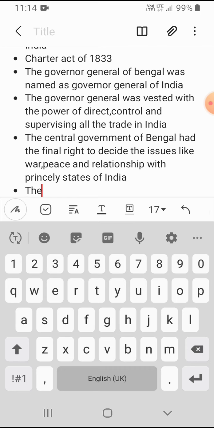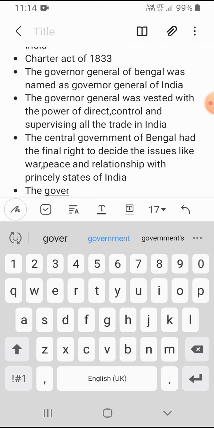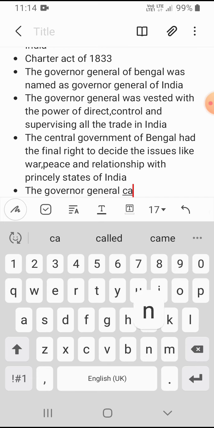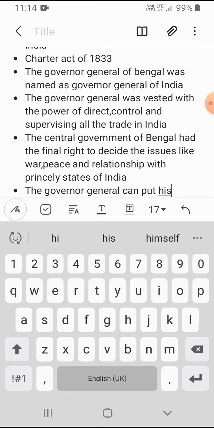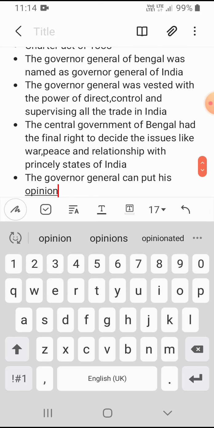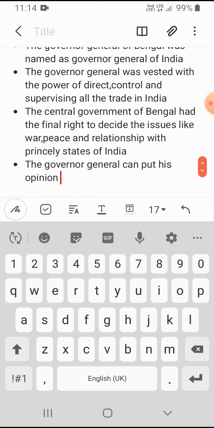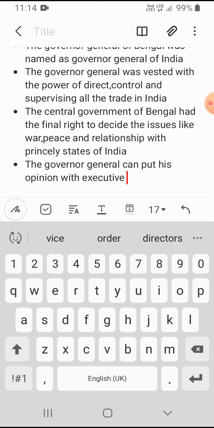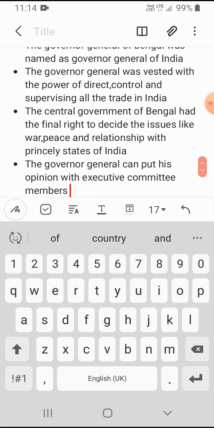The Governor General can put forward his opinion with the executive committee members.